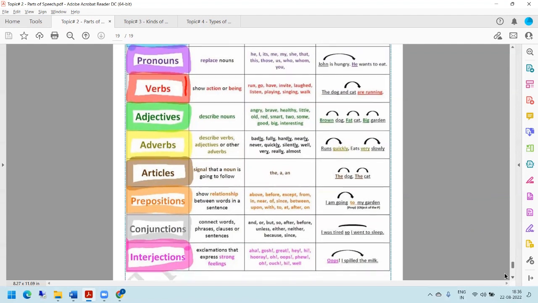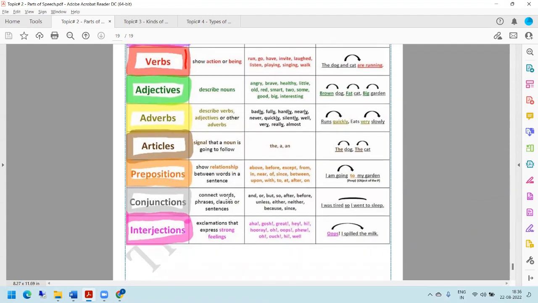And then we have conjunctions, meaning they connect words, phrases, clauses, or sentences, like and, or, but, so, for. All these words are called conjunctions. Like, I was tired, so I went to sleep.